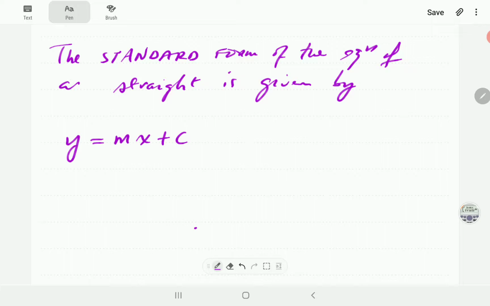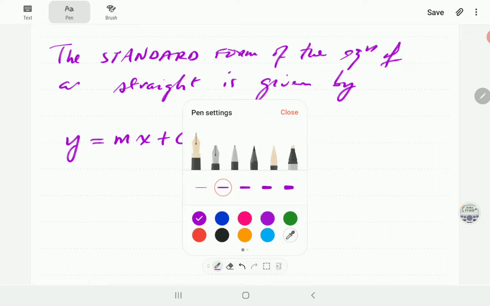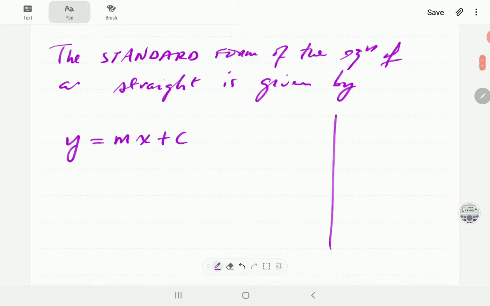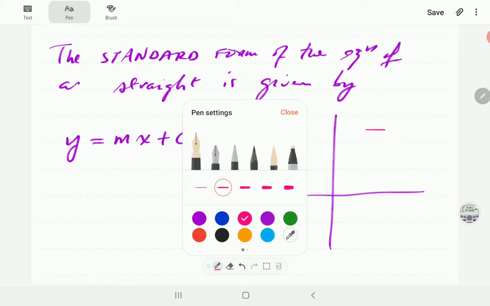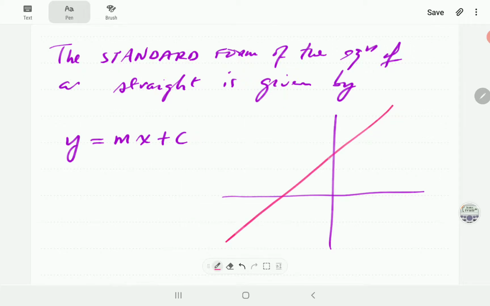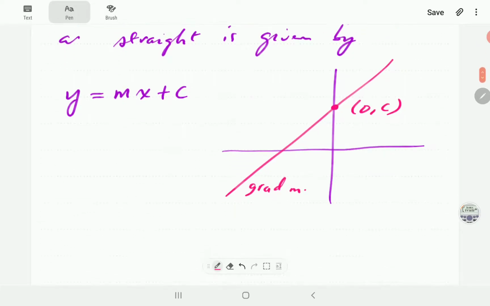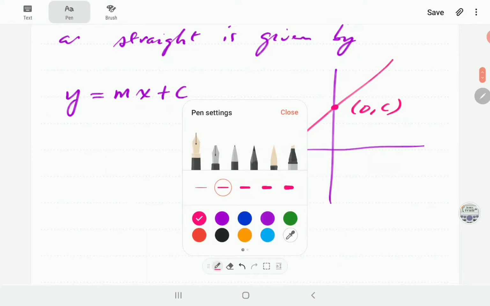Now, in the previous section, one of the equations was y equals 2x, which you will recognize is in this form. The equation y equals mx plus c applies to a straight line which has a gradient of m and goes through the point (0, c).